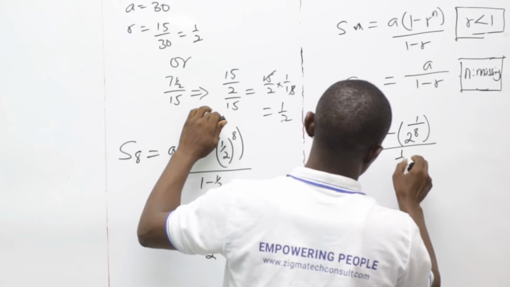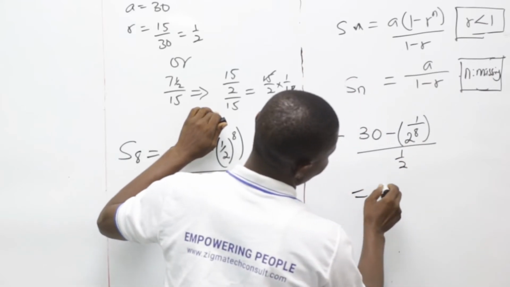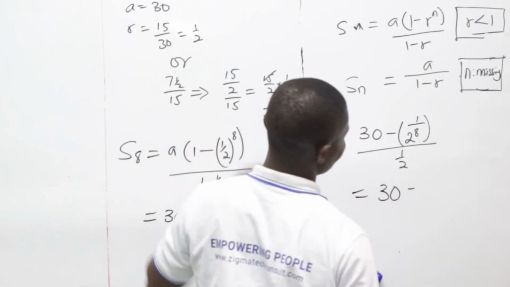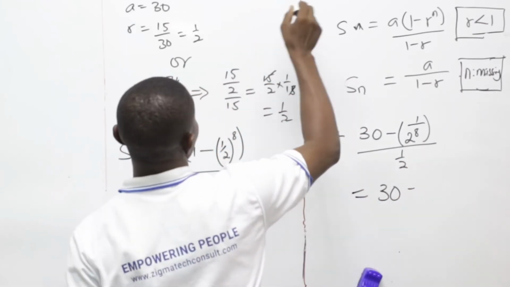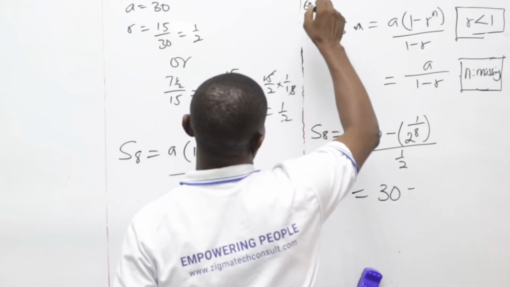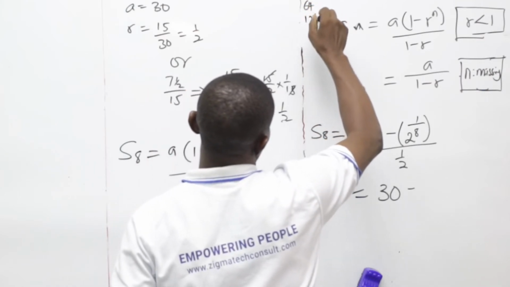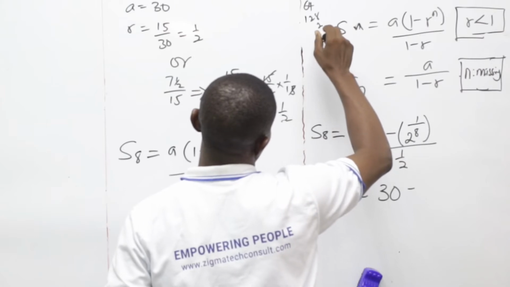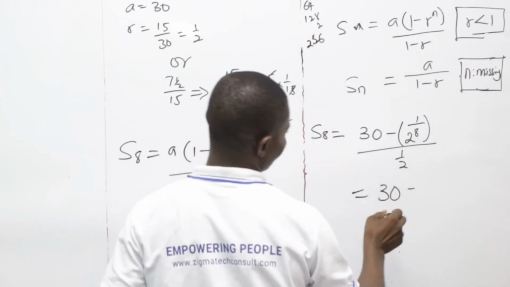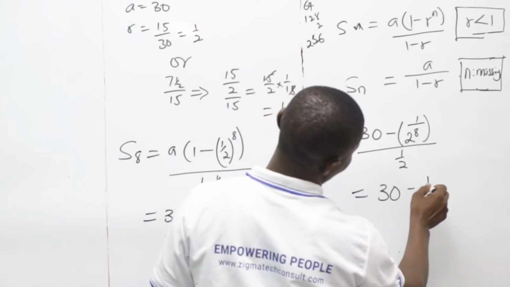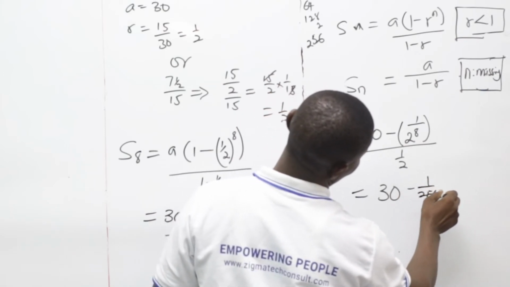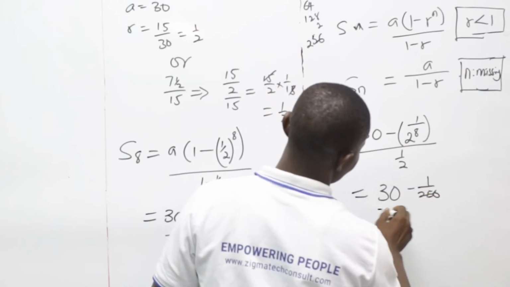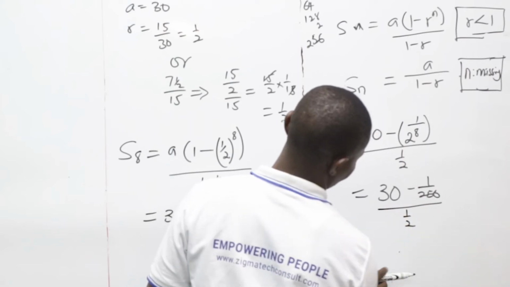The other one is 1 over 2. This will give us 30 times 1 minus 1 over 2 raised to power 8. 2 raised to power 6 is 64, power 7 is 128, power 8 will now give us 256. So 1 over 256, divided by 1 over 2.